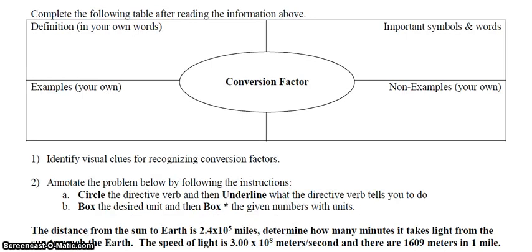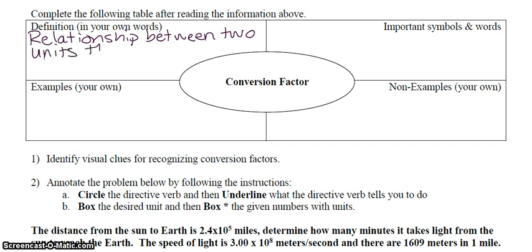So now we're going to define what it is. Now the trick about this definition, this relationship between two units that are equal in quantity, they may not be the same numerical value.